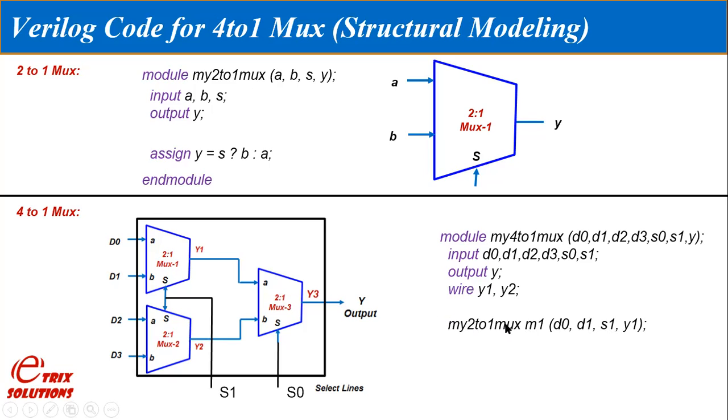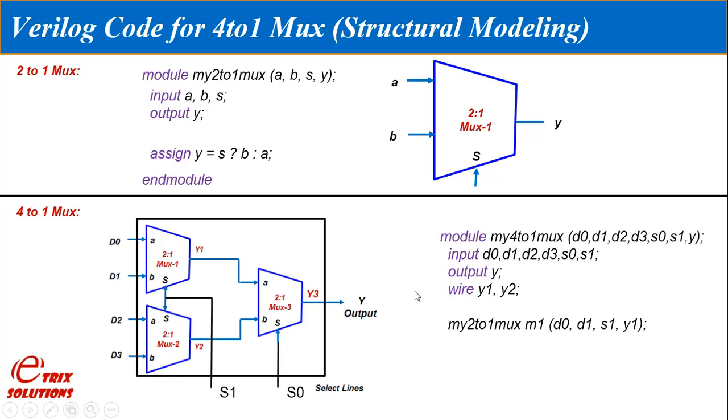It is important to remember here that the order of the top module input output should be the same as the order of the 2 to 1 mux module. Here the order is A, B, S, Y. That means D0 is connected to A, D1 is connected to B, S1 is connected to S, and Y1 is connected to Y.